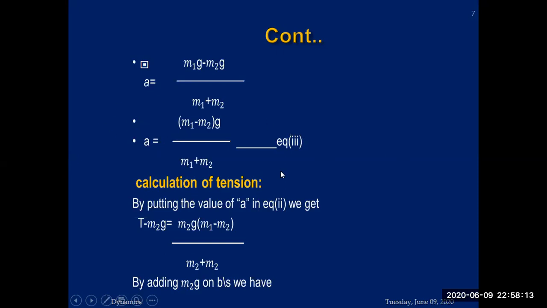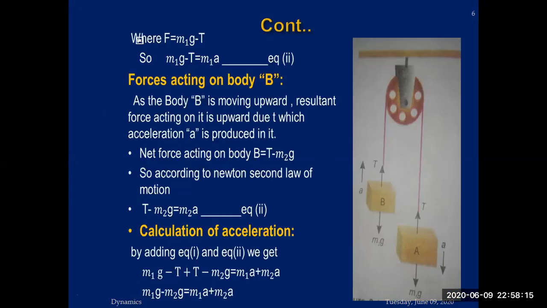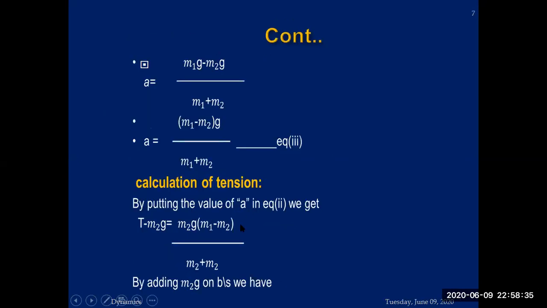Now, how will you calculate tension? See, again, from the previous equations, you are getting two equations. Number one is this one, another one is this one. So you are supposed to calculate tension. What will you do? If you divide equation 1 by equation 2, acceleration A, this one will be cancelled with this one. Then after simple mathematical simplification, you will be able to calculate the value of tension.